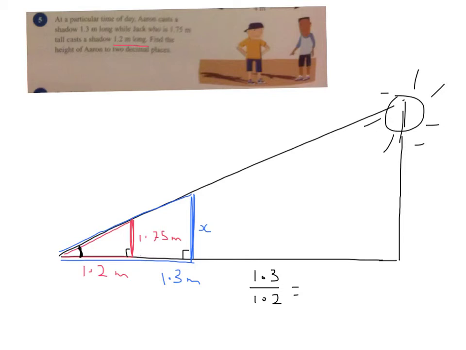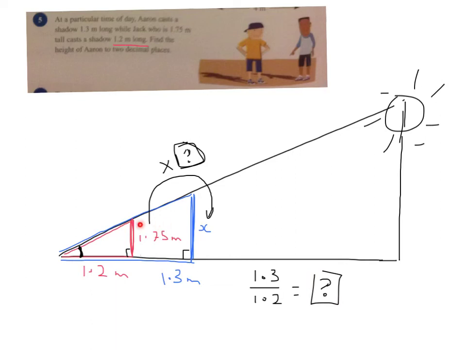So once we've got our scale, whatever that is, put a question mark there. Whatever our ratio is, we times it by 1.75, we'll find our X. So we've got our 1.3 divided by 1.2, we get that answer. That's our scale factor.